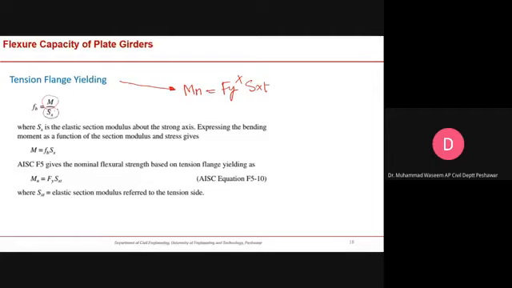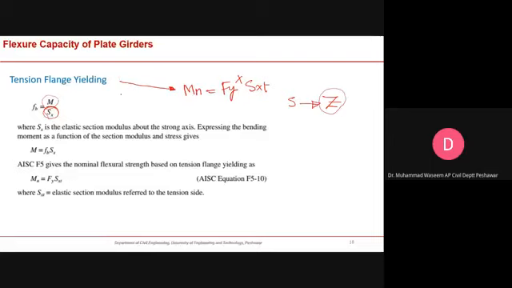When we are talking about the elastic range, we use the elastic section modulus S, and when we go to the plastic capacity, this S is replaced by Z. Now, you see there is no Z here. It means you are in the elastic range, up to yield. If you wanted to use the capacity of the flanges after yielding, going to the ultimate limit state, you would use that, but the code does not permit it.